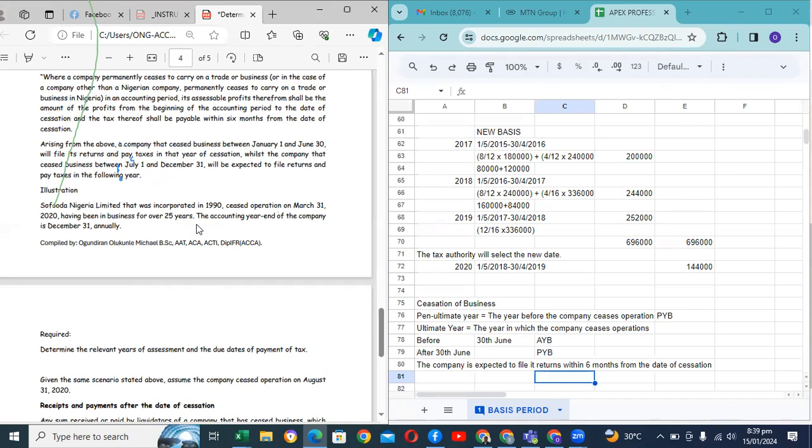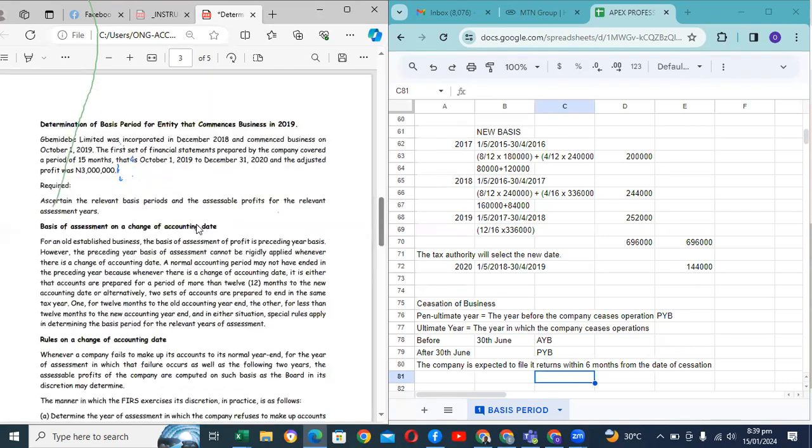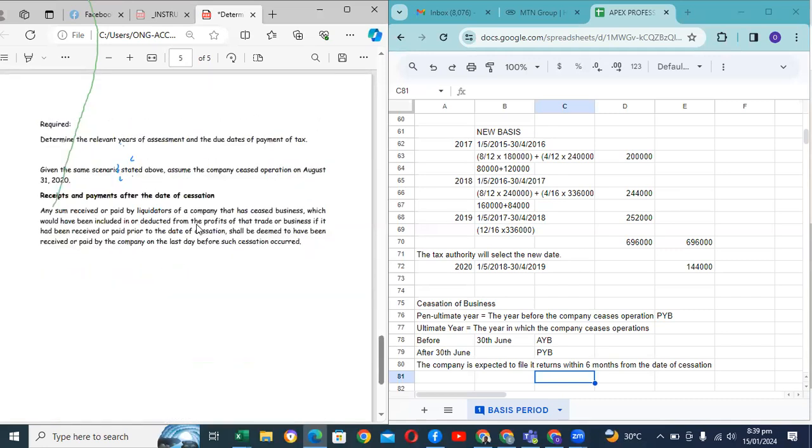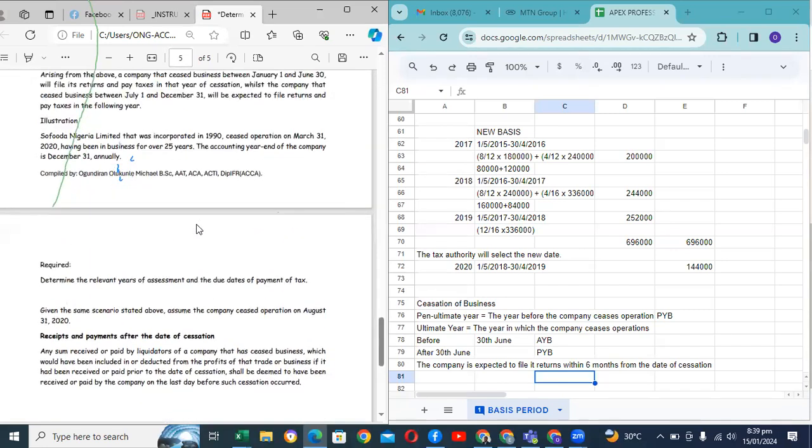Seafood Nigeria Limited, incorporated in 1990, ceased operation on 31st March 2020, having been in business for over 25 years. The accounting year end of the company is 31st December annually.